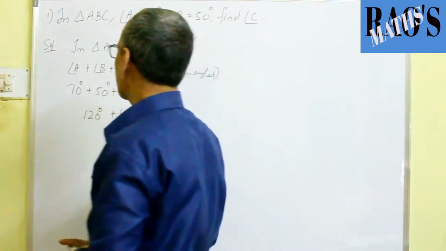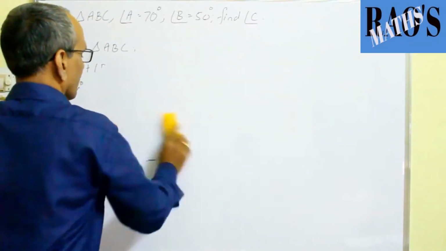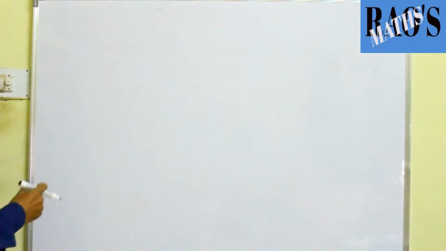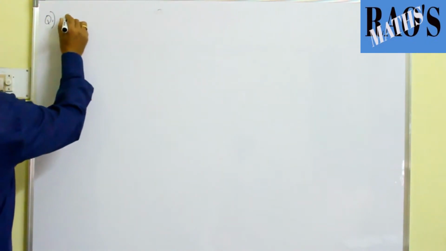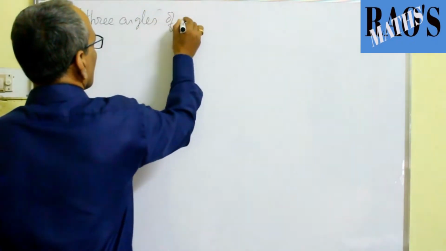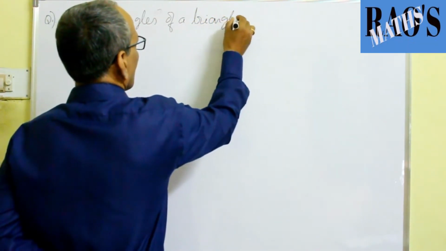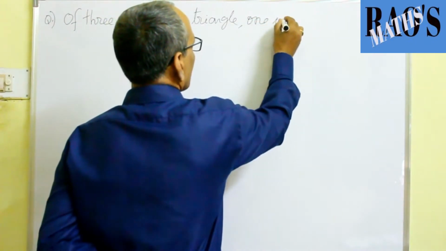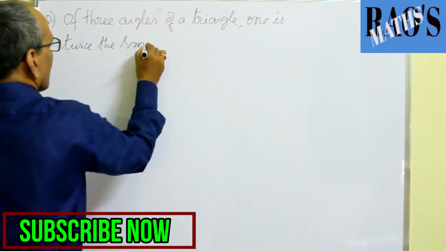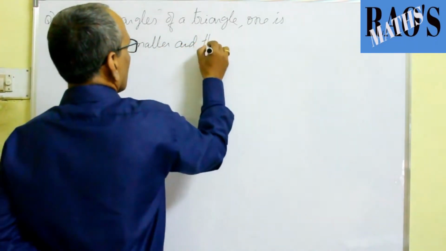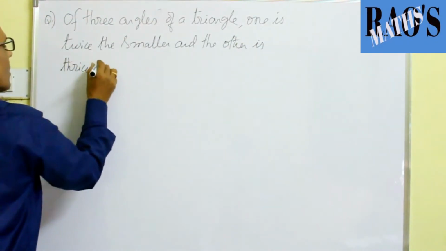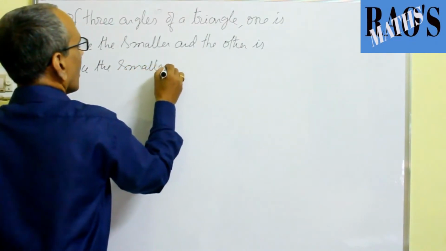The next question is, in question number 2, of the three angles of a triangle, one is twice the smaller and the other is thrice the smaller. Find the angles.